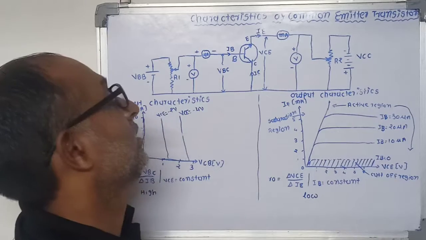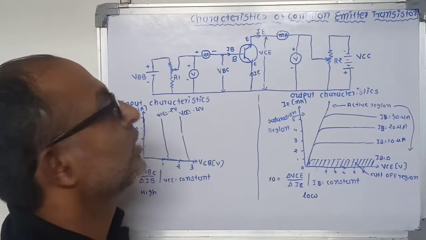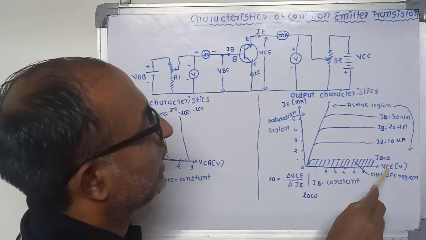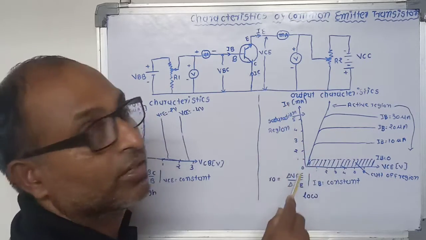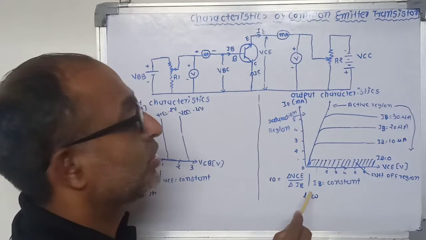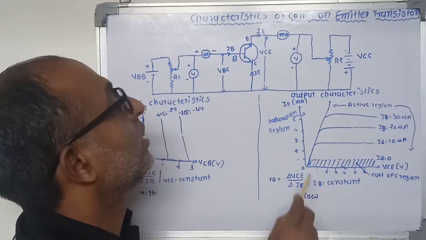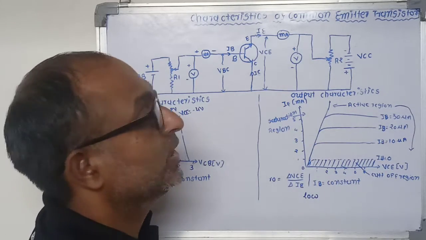Output characteristics. The curve drawn between collector emitter voltage VCE and emitter current IE at constant base current is called the output characteristics of the transistor.